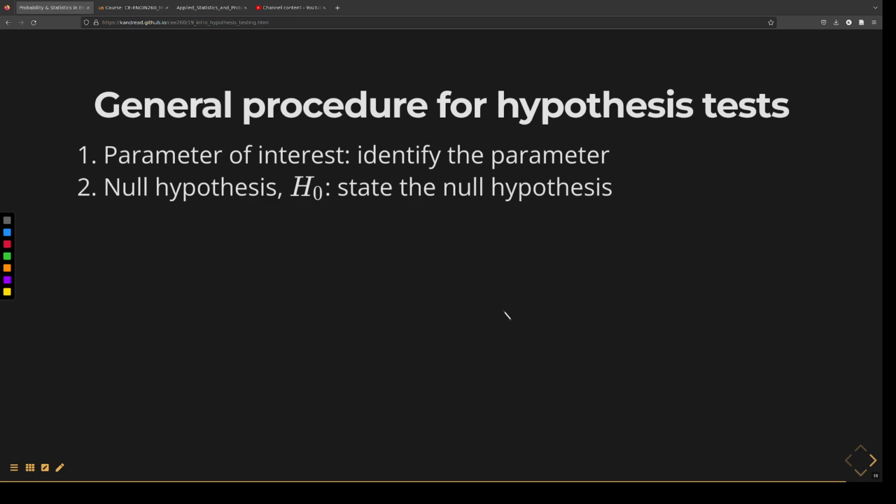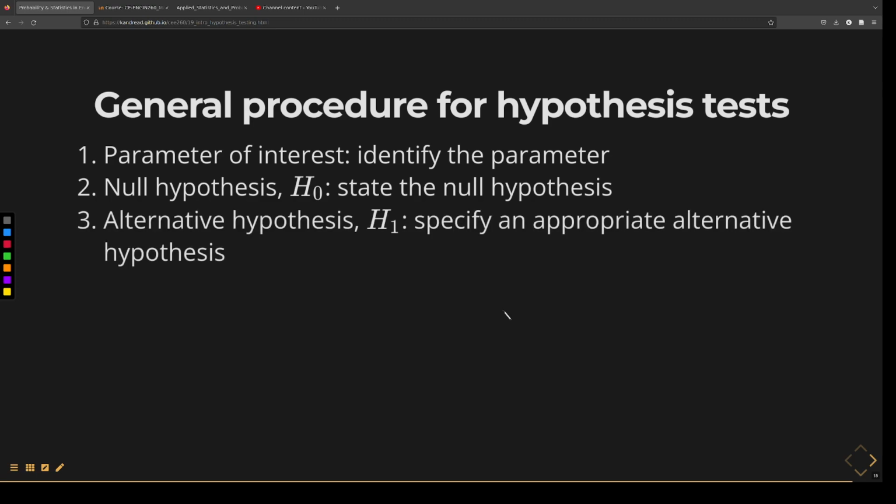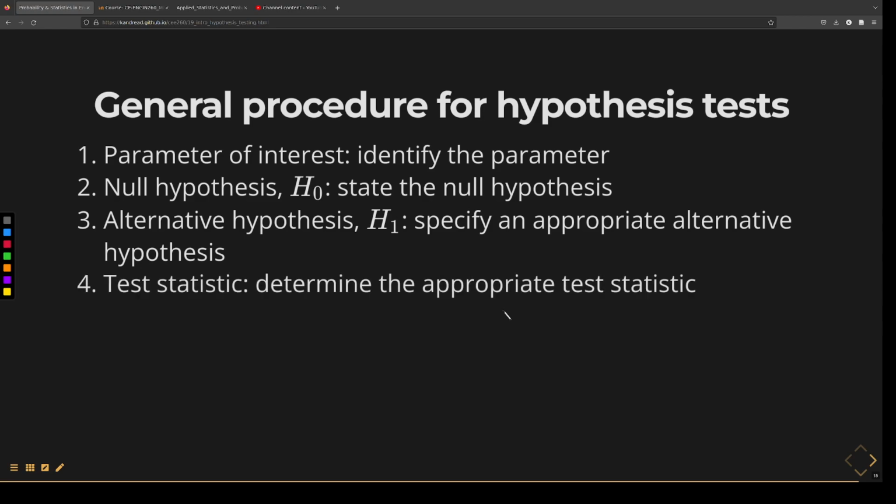And then what we need to do is state the null hypothesis, state the alternative hypothesis, and then depending on the type of data we have, the sample, the distribution, we can decide what our distribution is going to be for the type of problem.